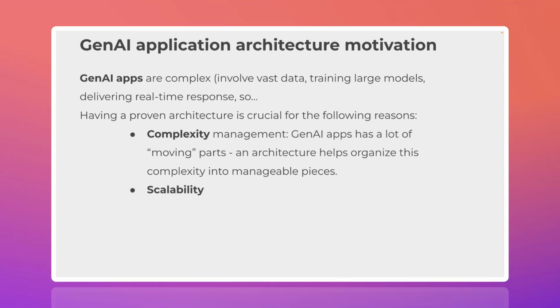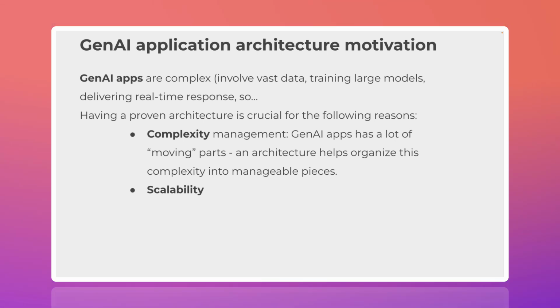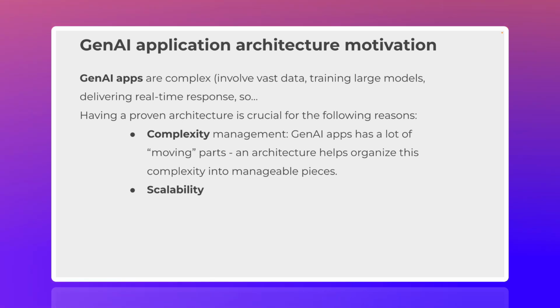The other one is scalability. Generative models like GPT require significant computational resources because they are large and resource hungry. So an architecture ensures the system can scale efficiently as demand grows and scale down as demand diminishes.